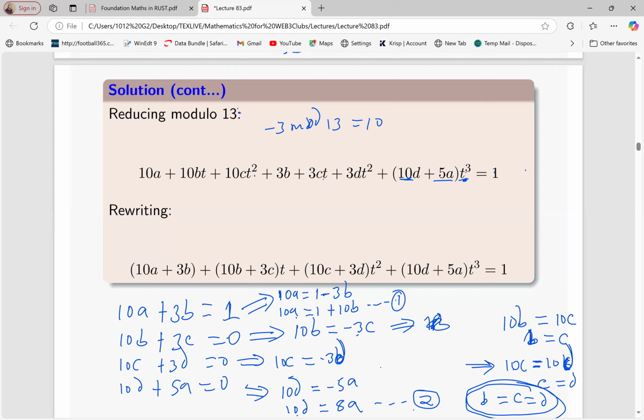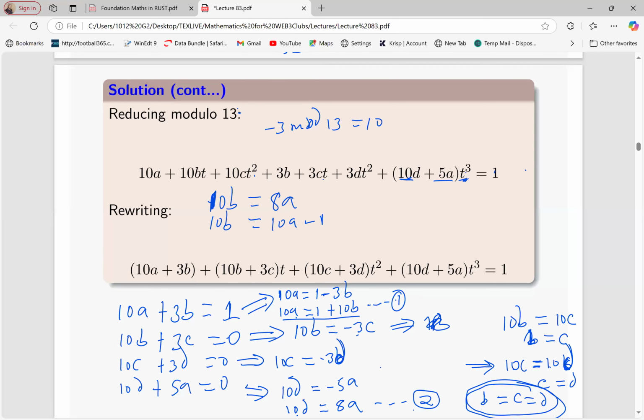So equation 2 can be written as 10b is equal to 8a, and this other one can be written as 10b is equal to 10a minus 1.